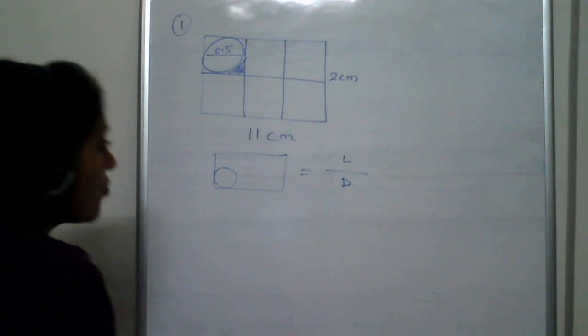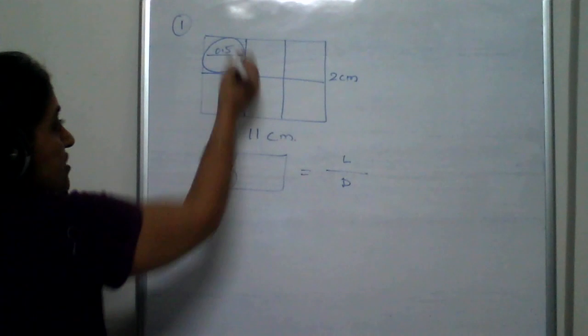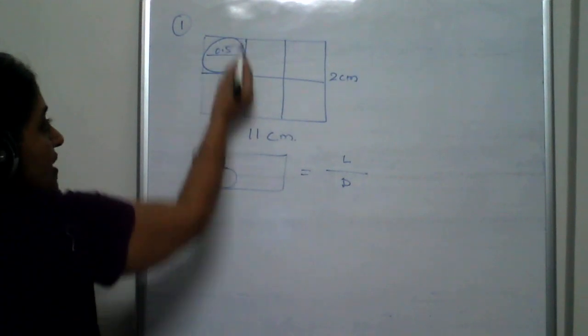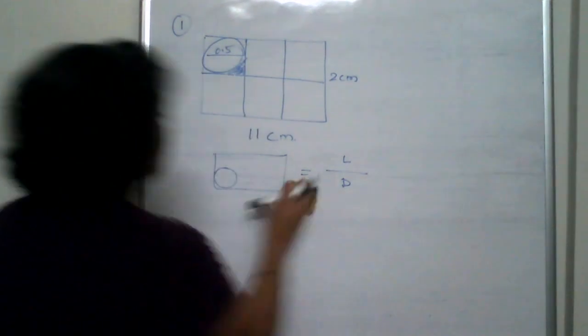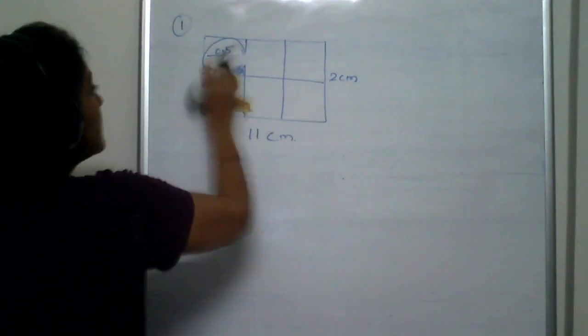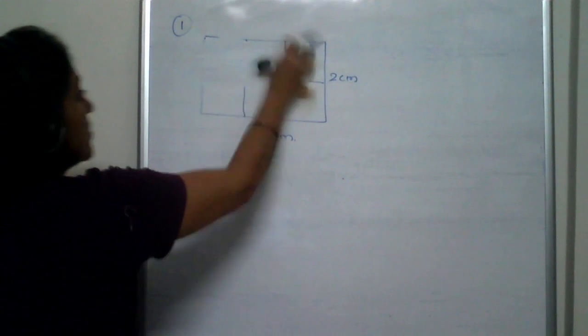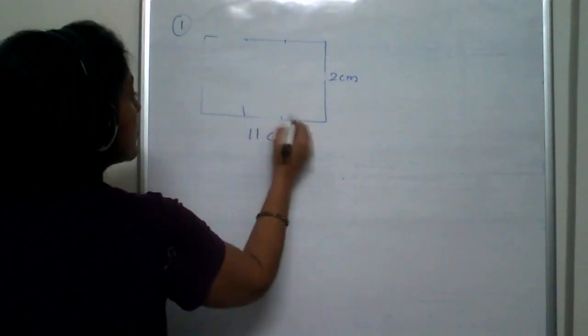Okay, so what we are supposed to do here is we are not supposed to take the area of the circle, but we are supposed to take the area of the square. So what happens here is, now here you can see, look, I had made it into 2 only, but it is not 2.